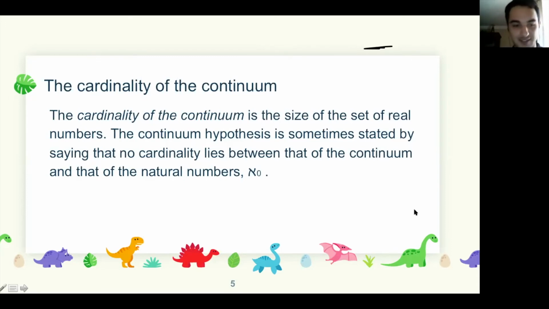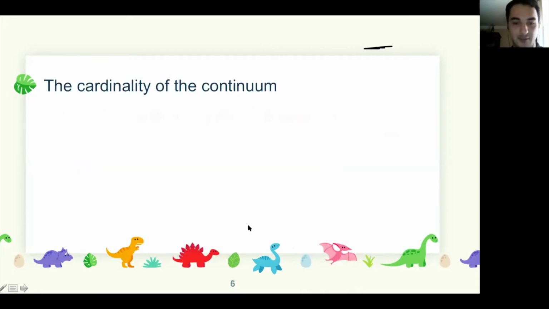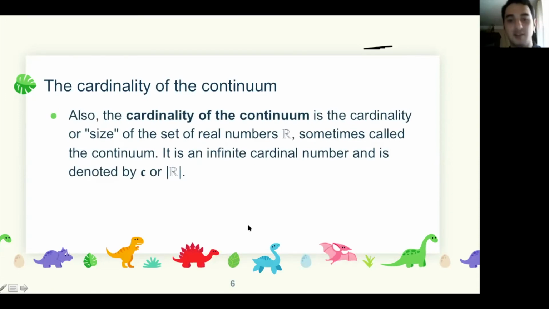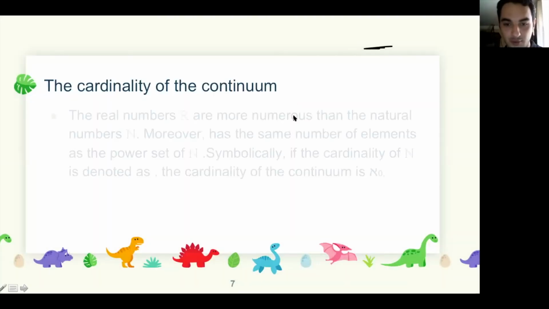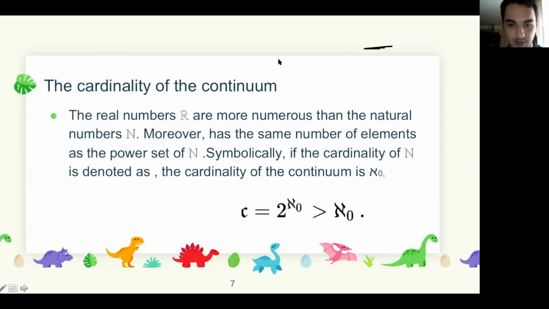After the next slide, I explain what the cardinality of the real numbers is, denoted by C, a script C, which is not the normal C, or by the modulus of R. Next slide, I prove symbolically that C equals 2 to the power of Aleph null.